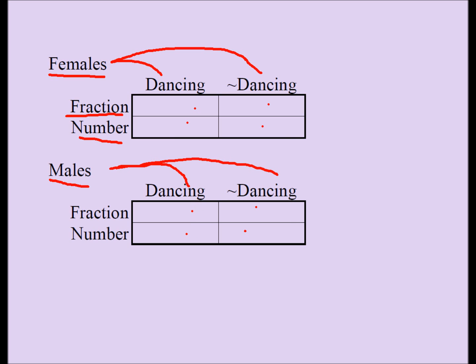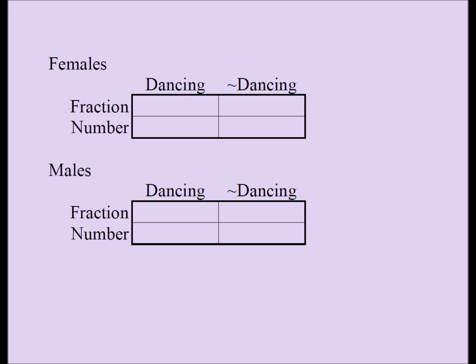A few of the things are very straightforward and obvious from the question, and hopefully you have the question in front of you, or if you don't have it, go back, rewind the video and copy the question. So we know one thing, that 3/4 of the female students were dancing with 2/3 of the male students.